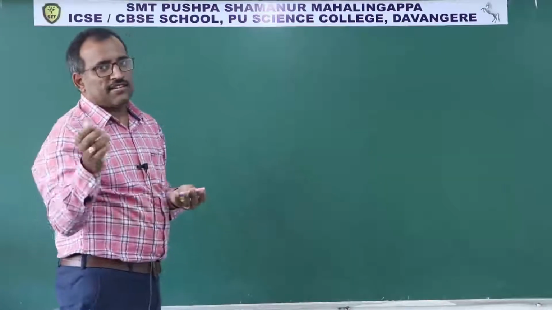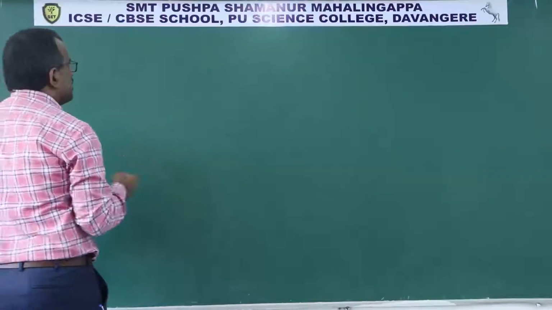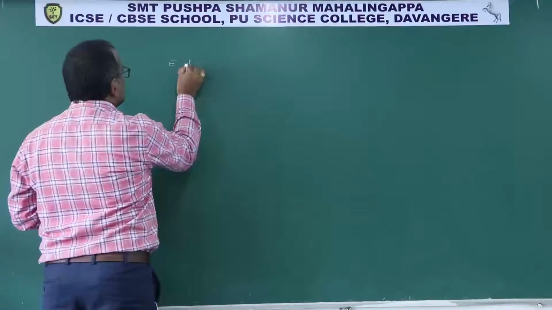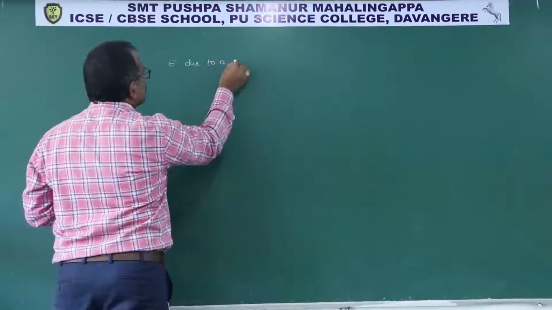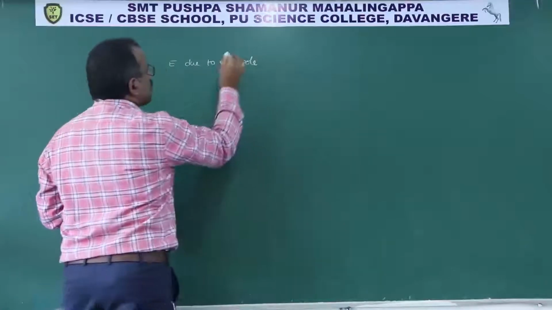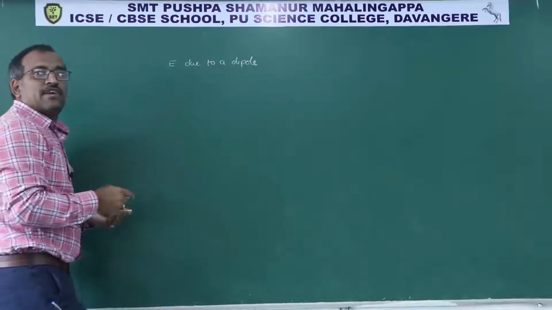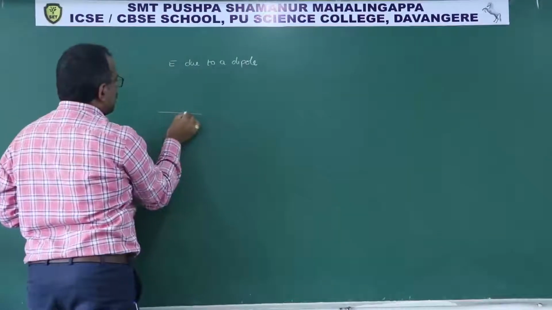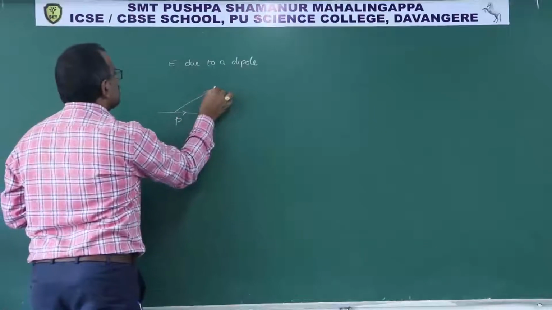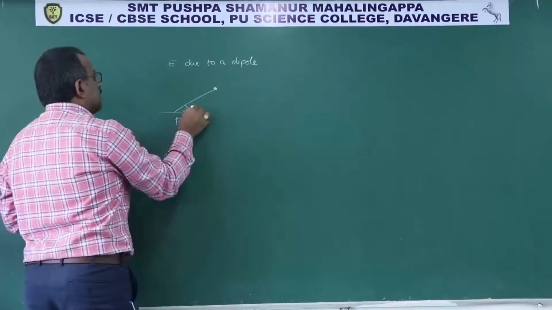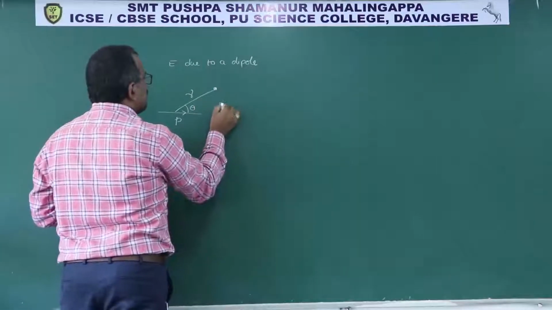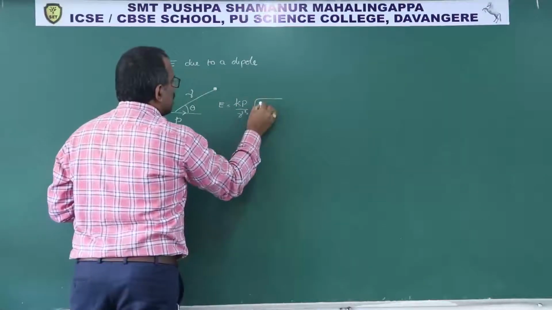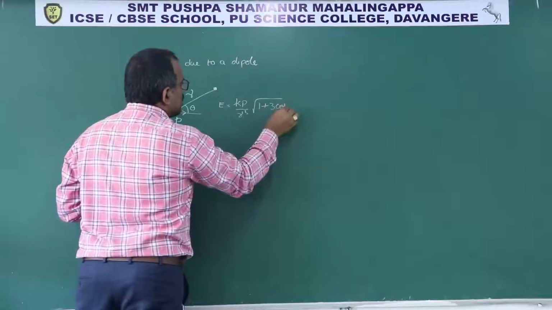So let us continue the electric dipole problems. As we discussed, the electric field due to a dipole at any general point, at angle theta and distance r, will be E equal to kp by r cube under root of 1 plus 3 cos square theta.